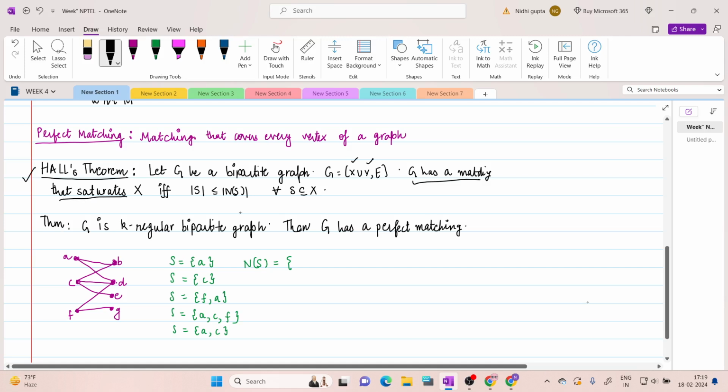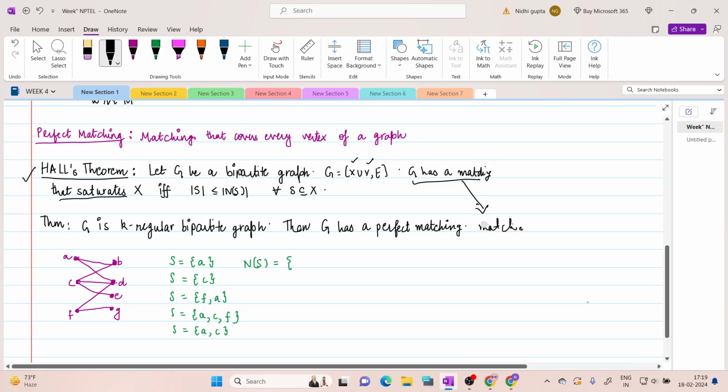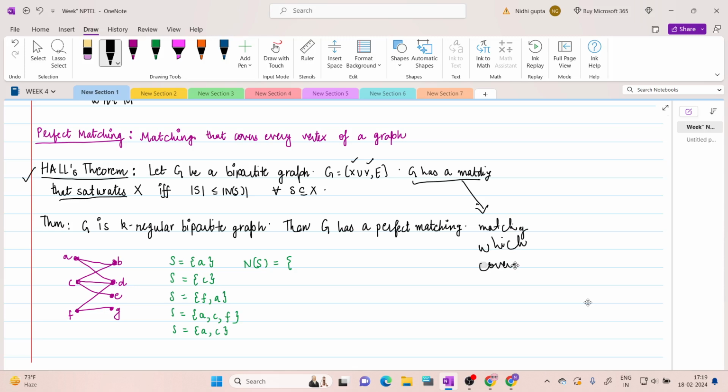It means a matching which covers every vertex in X.